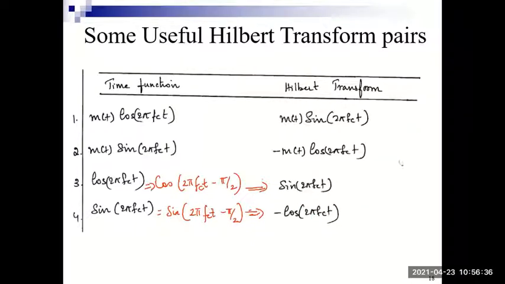Okay. So remember, this will be in the first quadrant, or second. Here it will be negative. So we know sine of this will be minus sine of pi by 2 minus 2 pi fct, which turns out to be negative.